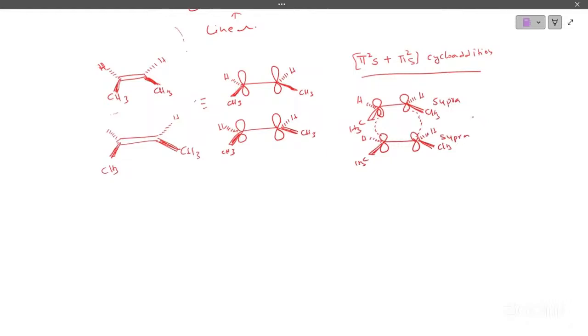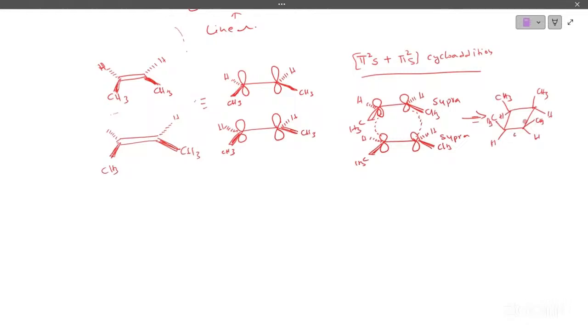Now, the molecule after the reaction gives this: this is the CH3, this is the hydrogen, this is the CH3, this is the hydrogen, CH3 and hydrogen, and hydrogen and CH3. That means, look here, all the methyl groups are above.